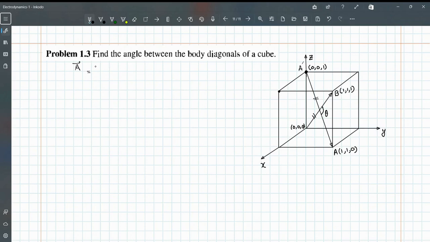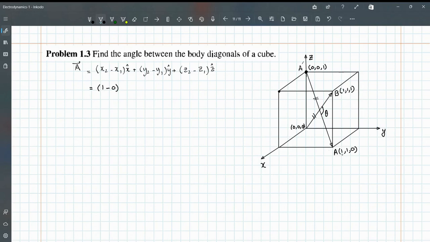and to find this vector I have to solve it this way: x2 minus x1 times the x unit vector, plus y2 minus y1 times the y unit vector, plus z2 minus z1 times the z unit vector. Here in this case, x2 is 1, so 1 minus 0.